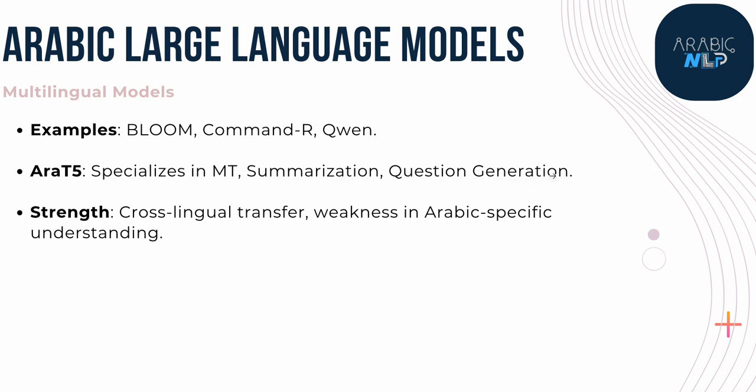Okay, so when we're talking about AraT5, for example, it is a T5-based model, and it excels in Arabic-specific tasks such as machine translation, summarization, question answering, or question generation. So these multilingual models are powerful in cross-language scenarios. They often lack the deep linguistic understanding required for Arabic-specific challenges. And this, of course, highlights the need for continued focus on monolingual and bilingual Arabic models.